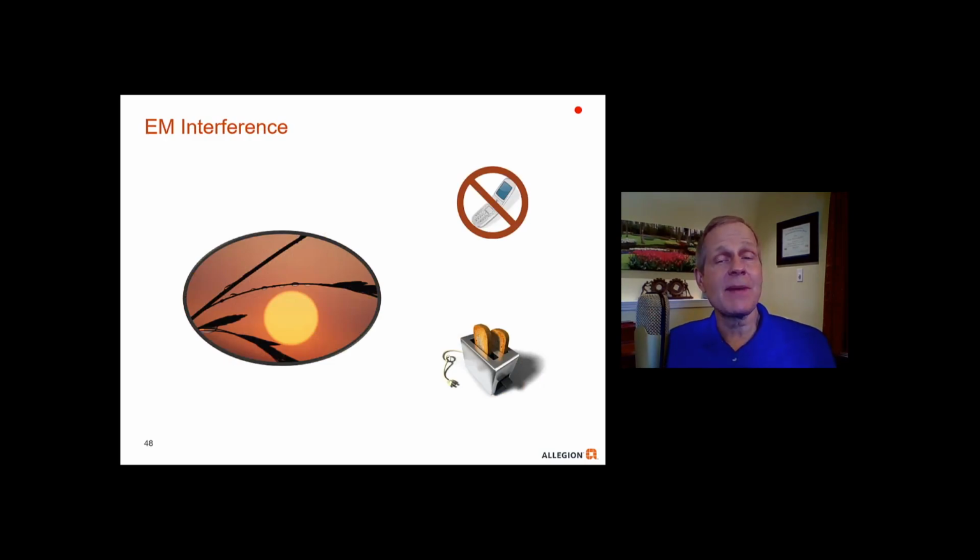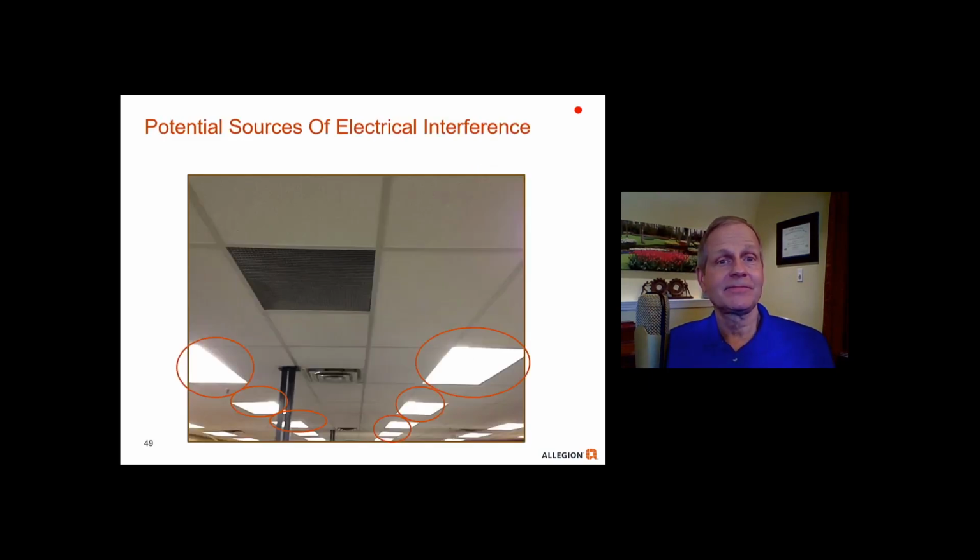Even things like sunspots. You've probably heard talks about sunspots affecting the electrical grid. Things like wireless phones or cell phones could cause interference. Anything that has a heating element, whether it be a toaster or an electrical heater, could cause electromagnetic interference.